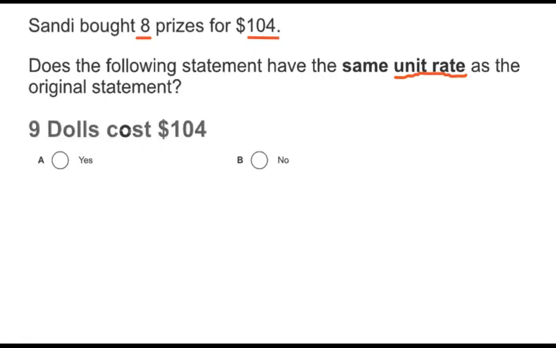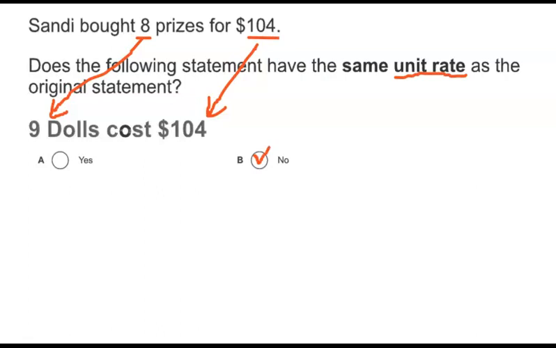At this point, we really don't have to scale up or down. A lot of times you want to get down to how much it is per one prize and then scale it up to this. But if you look at this, 104 stays the same and this changes. So there's absolutely no way that they have the same unit rate because they are not equivalent ratios. The answer for this one would definitely be no.